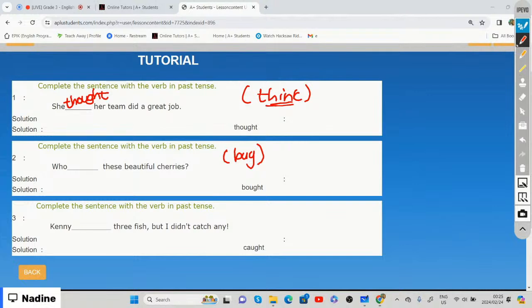When you go to the shop and you buy something. And the past tense of buy is bought. Who bought these beautiful cherries?